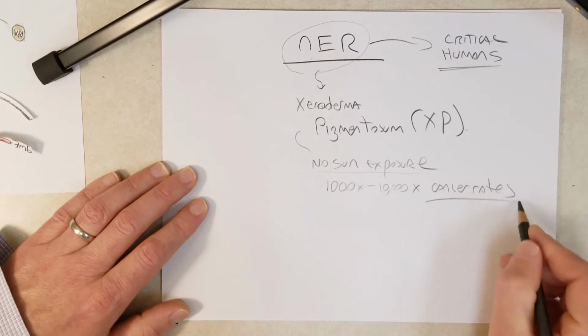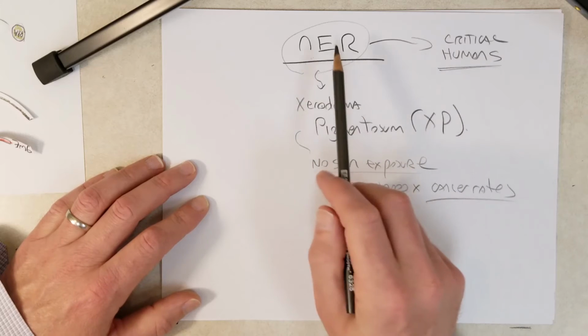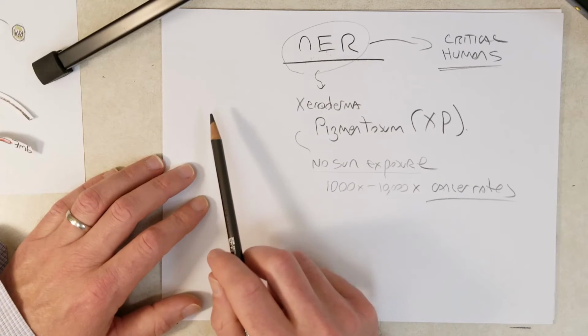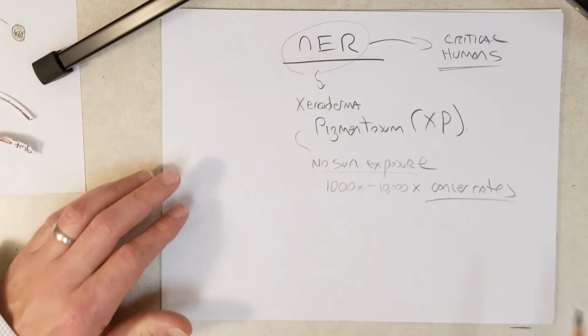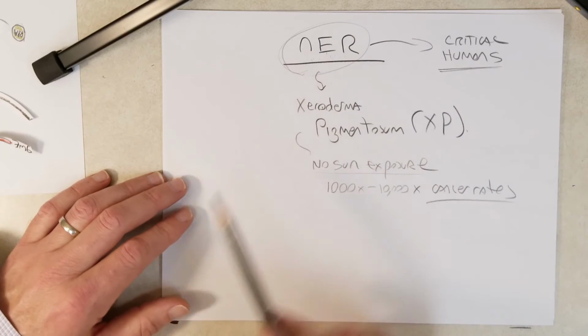Skin cancer rates, right? So humans really need nucleotide excision repair to spend any time in the sun at all. So we go in the sun, we're going to have some CPDs. Those CPDs need to be fixed by nucleotide excision repair.